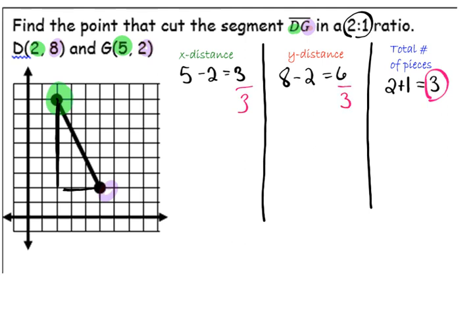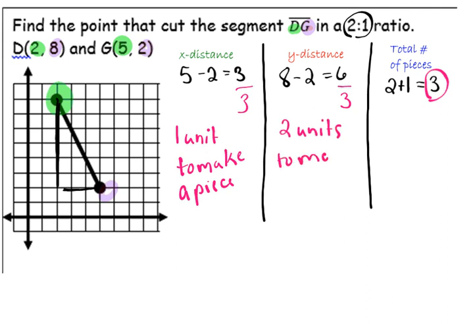And that means it takes me 1 unit to make a piece. That's in the x direction. Now, the y direction says that it's going to take me 2 units to make a piece.